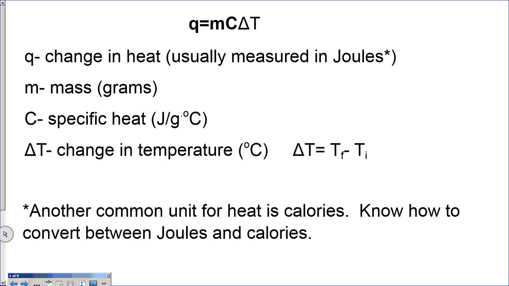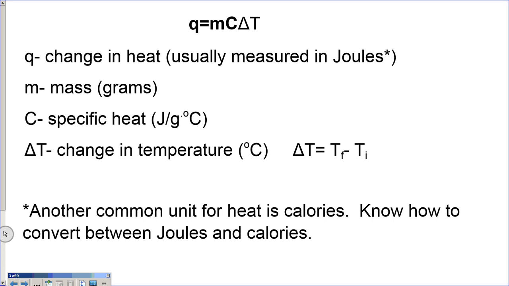And remember, if you're given two different temperatures, that change in temperature is always the TF minus the TI. So you always want the final temperature minus the initial temperature, because this will determine if that change in temperature is positive or if it's negative. But you always want to do the final minus the initial.